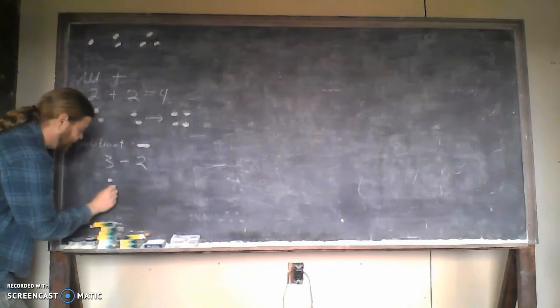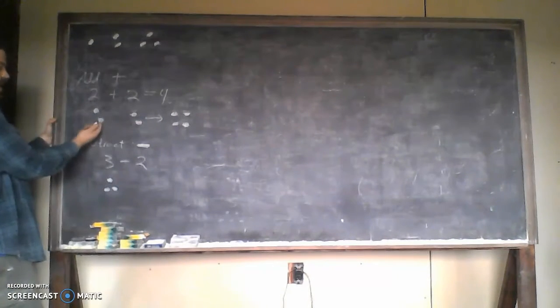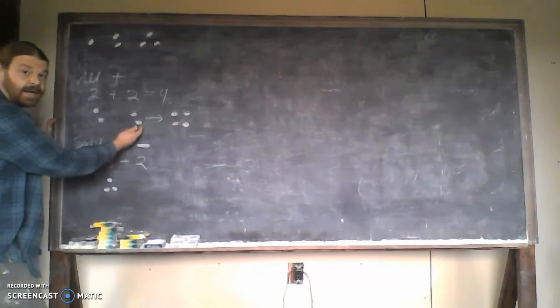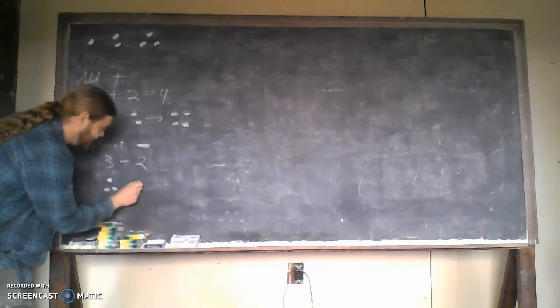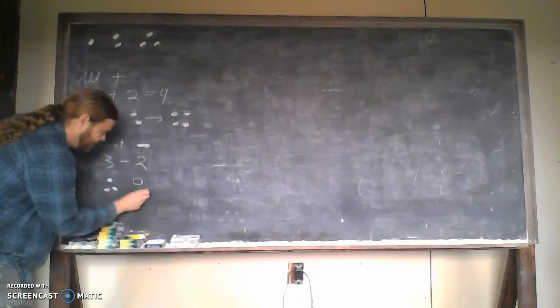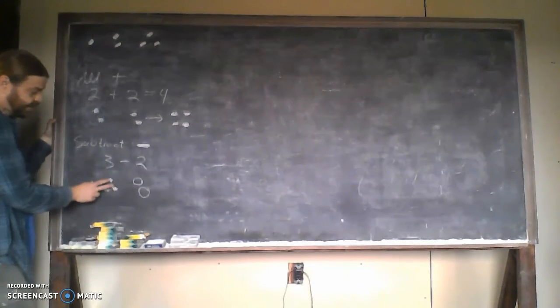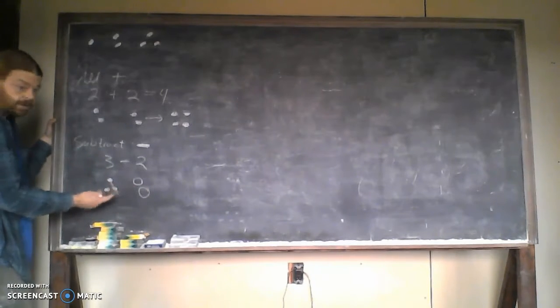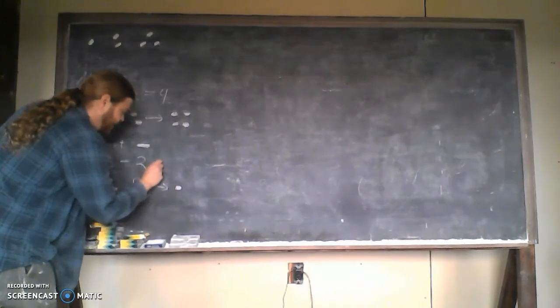Going to put a couple dots there. And here, instead of increasing the number of dots we're looking at, subtraction, we're going to decrease them. So to represent this, I'm going to draw holes for the dots to fall in, right? So as this moves across here, 2 of those dots are going to fall in our holes, and we're only going to be left with 1 dot.